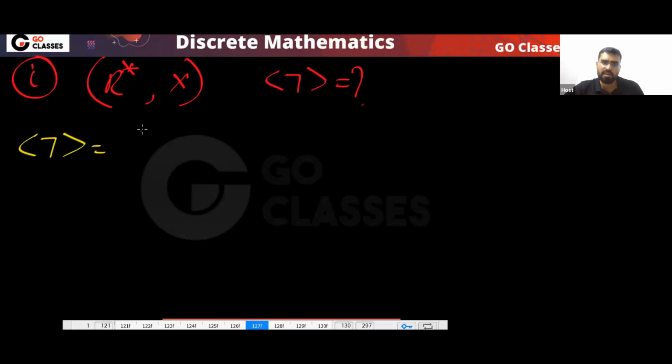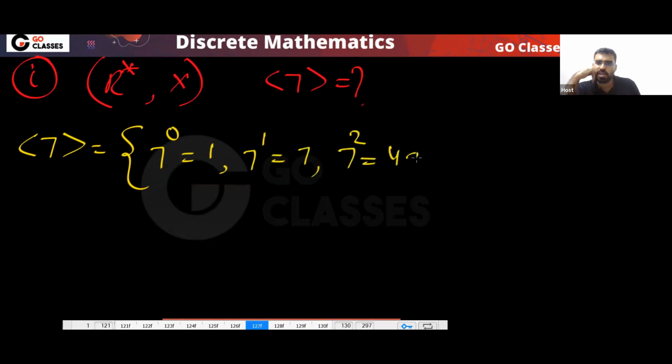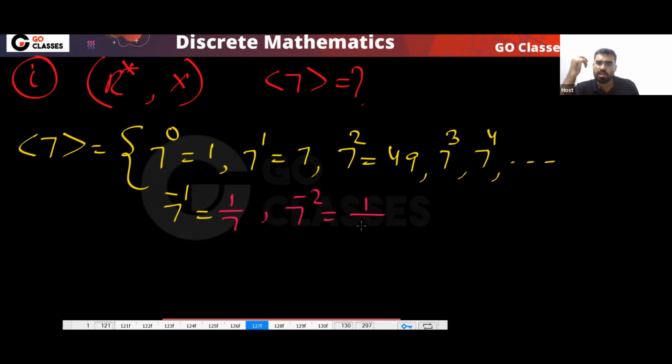That will be powers of 7, and this is infinite. 7 power 0 is the identity element. 7 power 1 is 7. 7 power 2 is 49. 7 power 3, 7 power 4, and so on. And what is 7 inverse? 7 inverse is 1 by 7. 7 power minus 2 is 1 by 49, and so on.